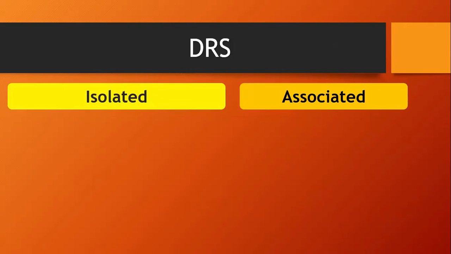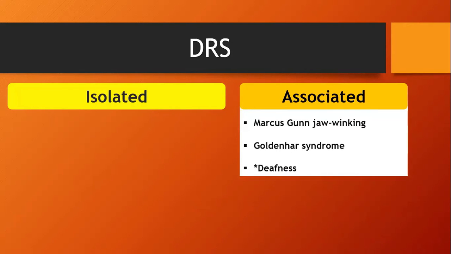And if we have a case of Duane Retraction Syndrome, you should decide whether it is isolated or associated. The majority of cases are isolated, so the only abnormality is the Duane Retraction Syndrome. But sometimes the patient has another problem and we call it associated. There is a list of associated disorders, so I mentioned only the most important or common ones.